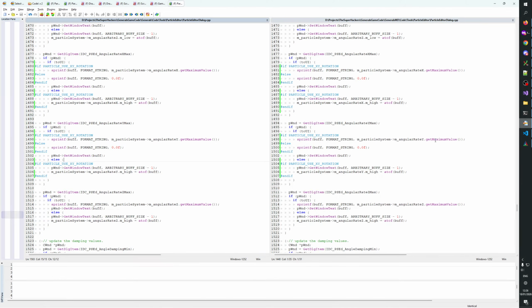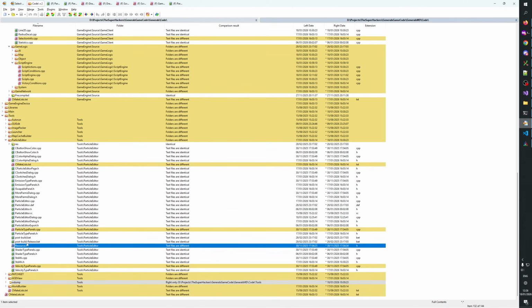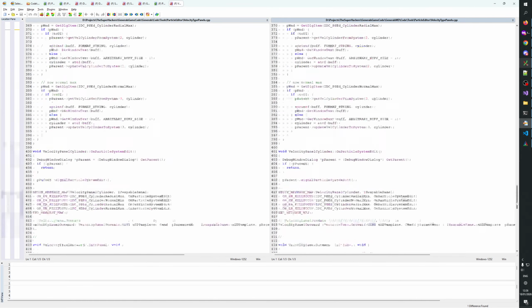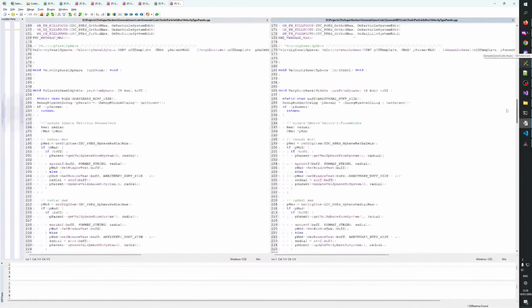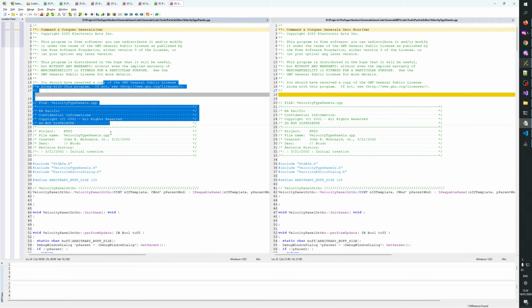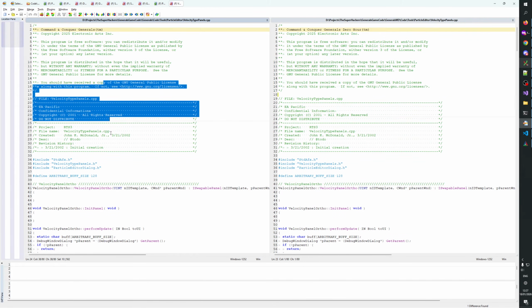I wonder, regarding particle editor, maybe we can merge the whole thing. Let me see. Well, that one is almost the same. I would say simply do that. Then that's the same.